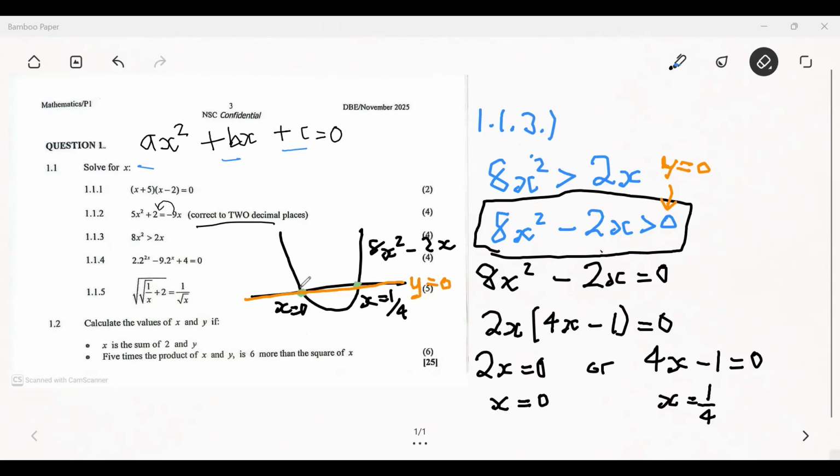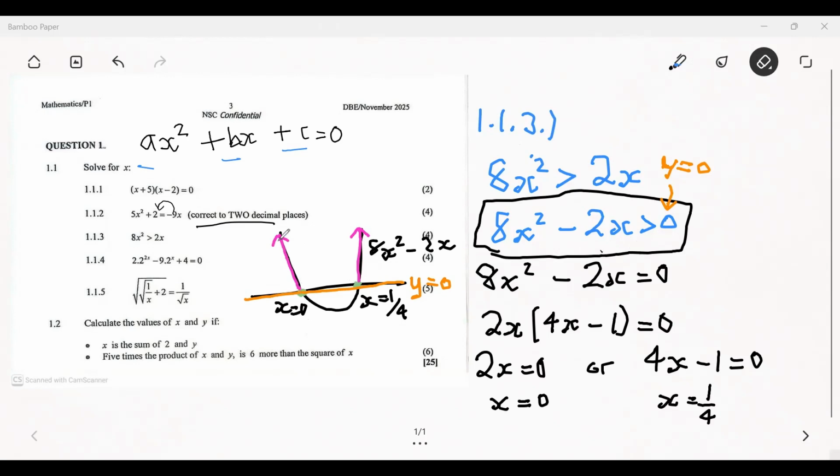So if I look at this parabola, it's stretching towards the left this way. If I go to the left of the point x equals 0, the parabola is stretching that way. If I go to the right of the point x equals 1 over 4, the parabola is stretching that way. And these are the parts that are above the y equals 0 line. This part here is under the line y equals 0. That would be less than 0, so that's excluded.